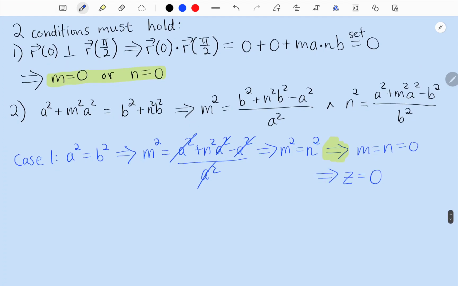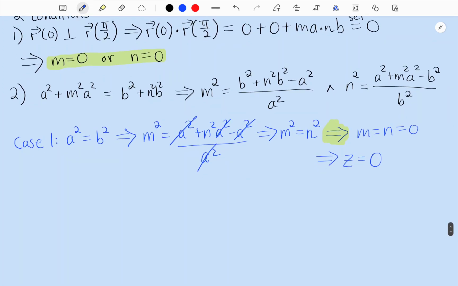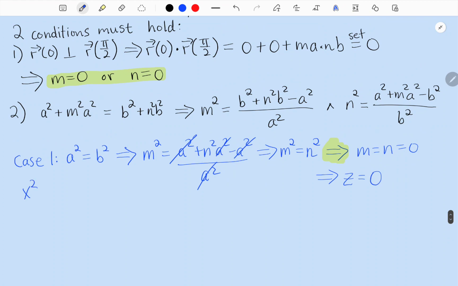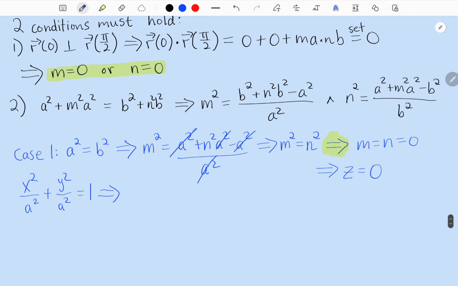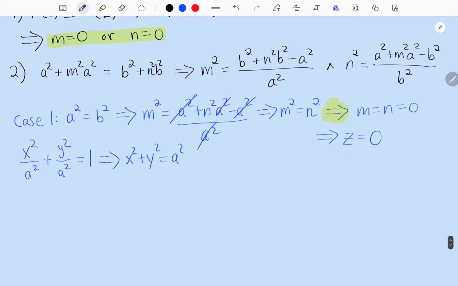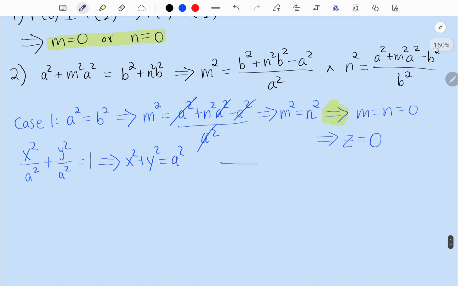Now, why is that the case? Well, if a squared is equal to b squared, then all you have is x squared over a squared plus y squared over a squared equals 1, which implies that x squared plus y squared is equal to a squared. So in this case, our elliptic cylinder is just a circular cylinder, a nice cylinder where the cross-section is already a circle with radius a.